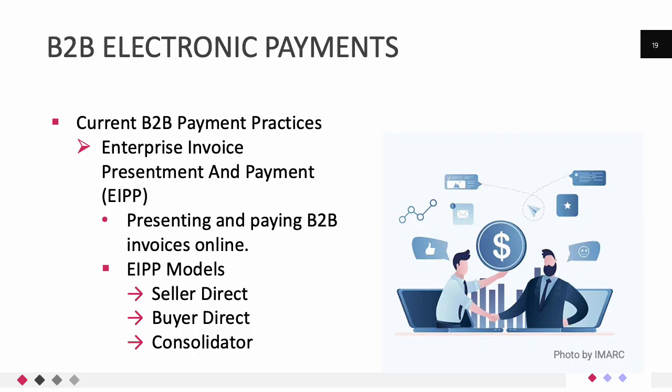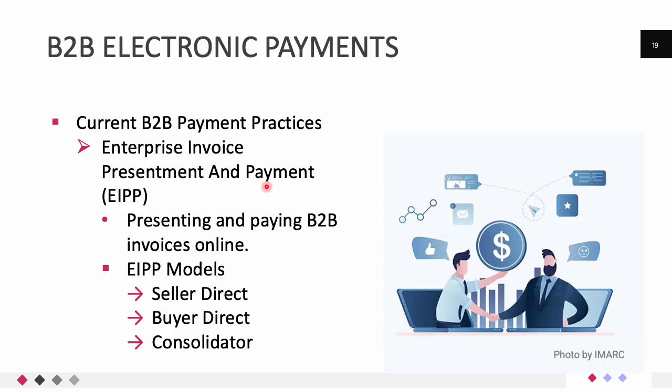Okay, now we're shifting gears to talk about B2B electronic payments. Okay, that's business to business payments, which is how companies pay each other rather than how you, as the customer, make purchases. Okay, so the main system here is called EIPP, which stands for Enterprise Invoice Presentment and Payment.